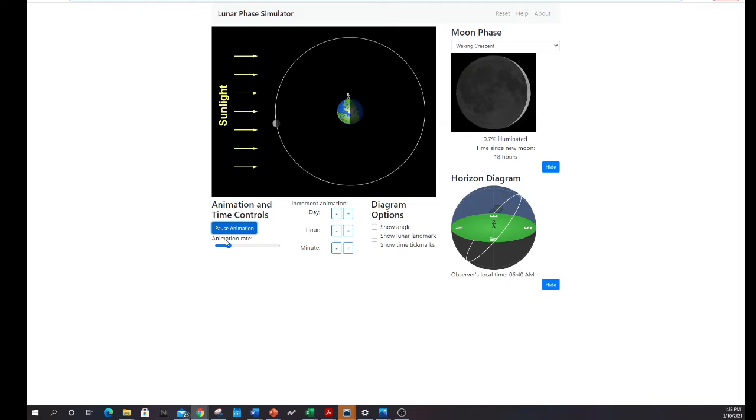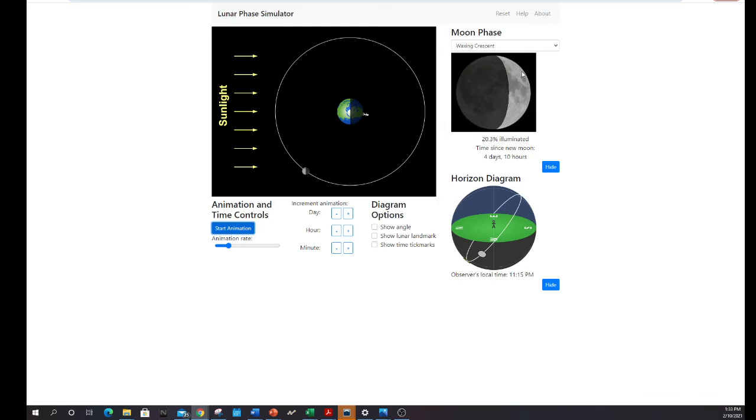So as the moon makes its orbit around the Earth and we are rotating on our axis, we start to see the moon illuminated more and more each day.